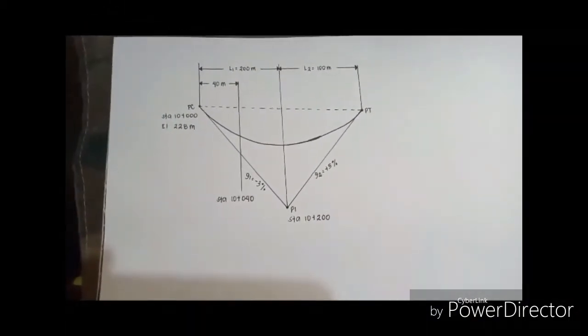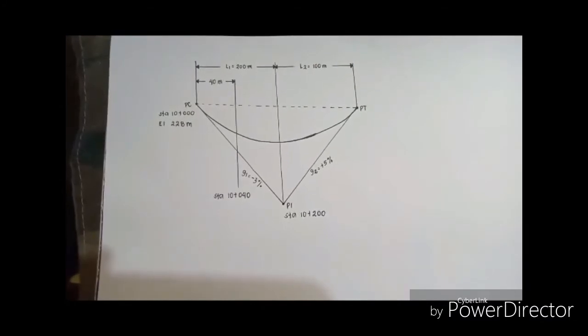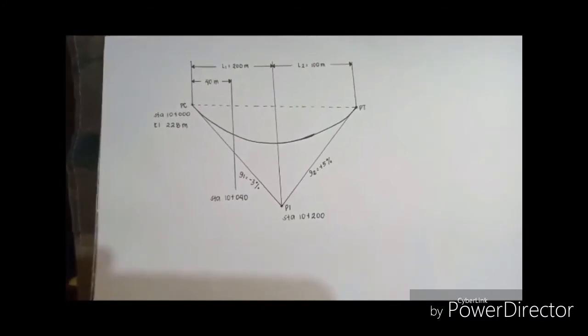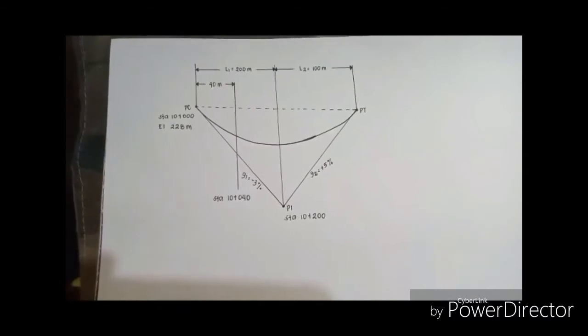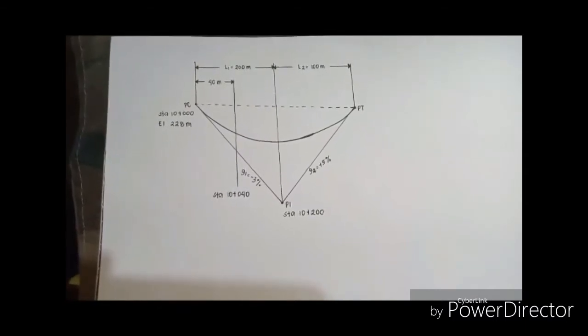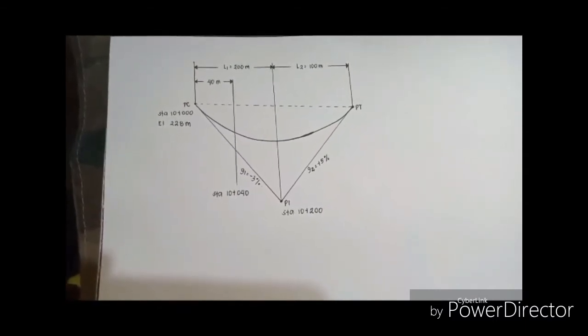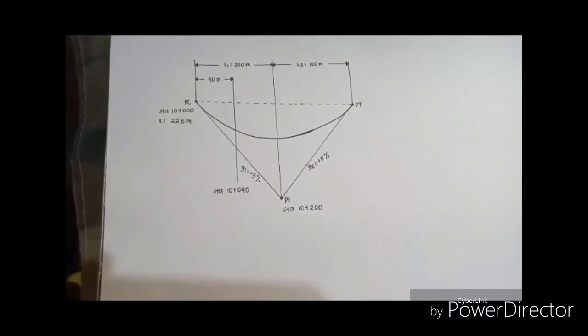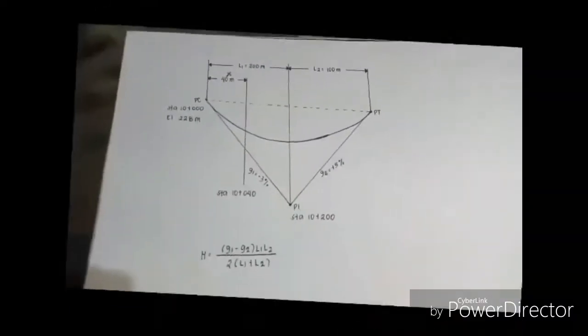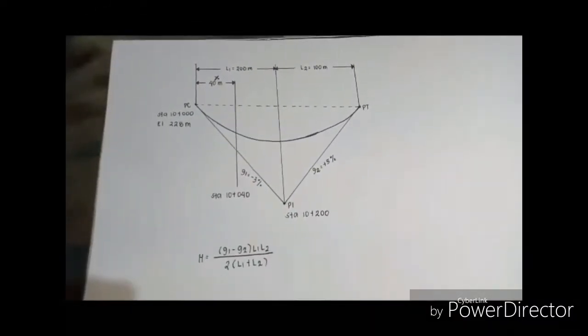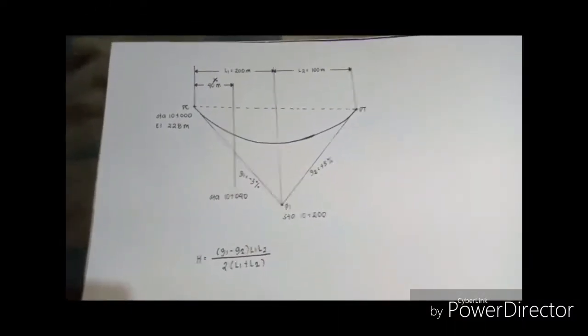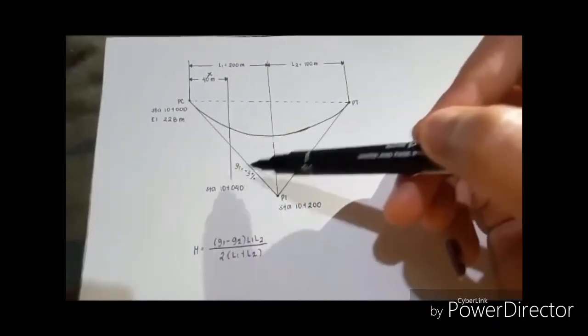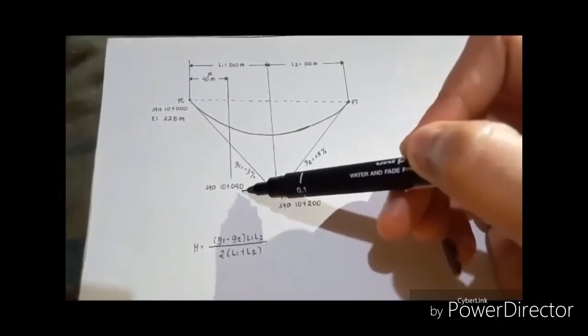We have now our illustration and it is a sag curve. Kasi sa problem, it says that a negative 3% grade meets a positive 5% grade near an underpass. So the first question is to determine the elevation of station 10 plus 040.